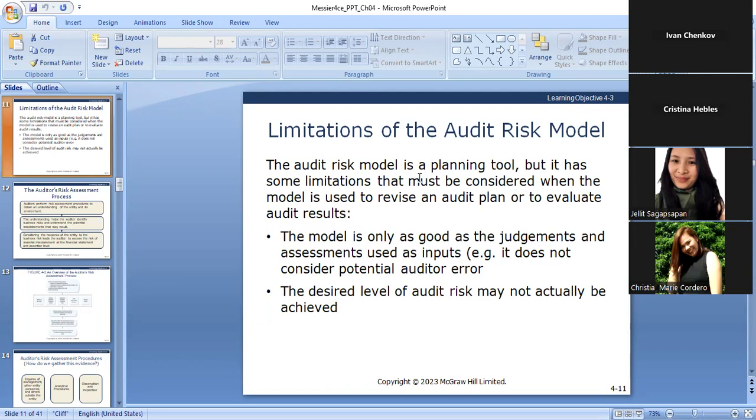Let's say you're going with the substantive audit procedures. You start checking something in the company. Once you start checking, you start finding things which make you question the internal control. And you're seeing that the internal control actually is not in place.